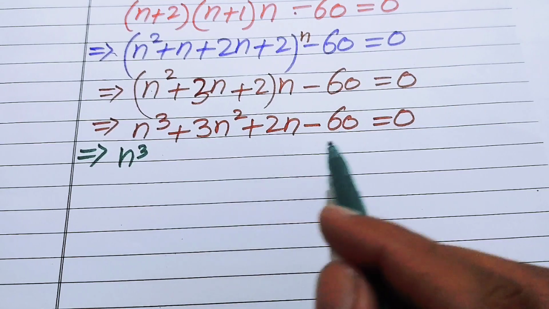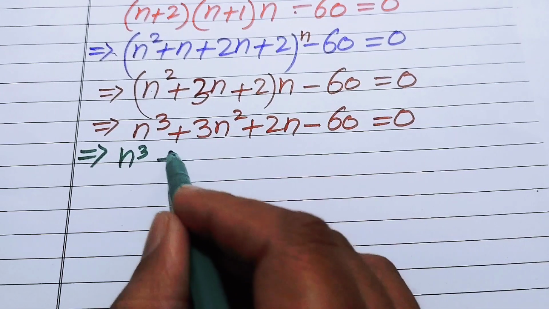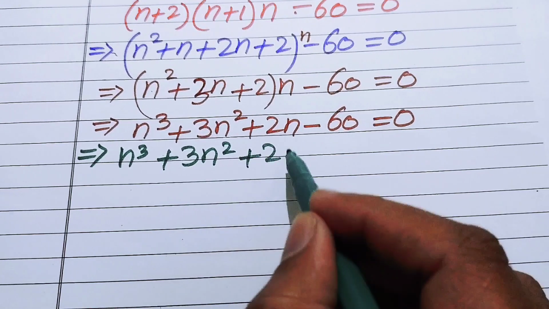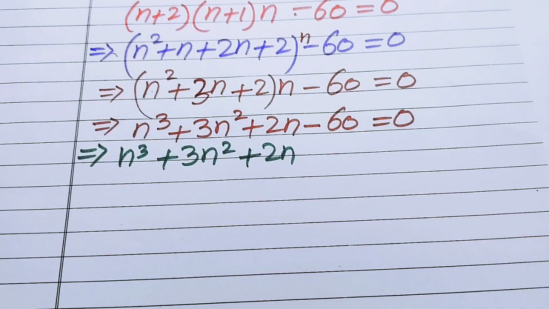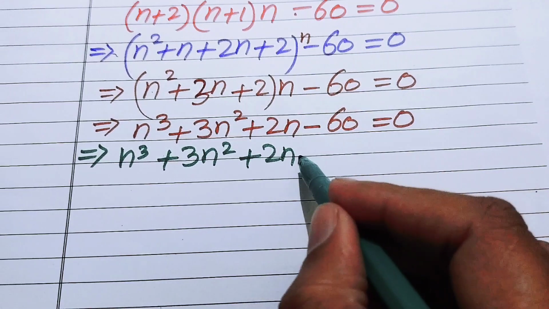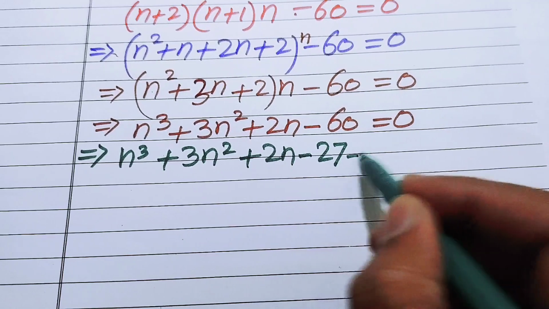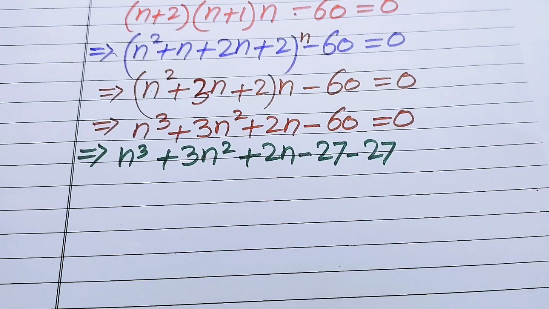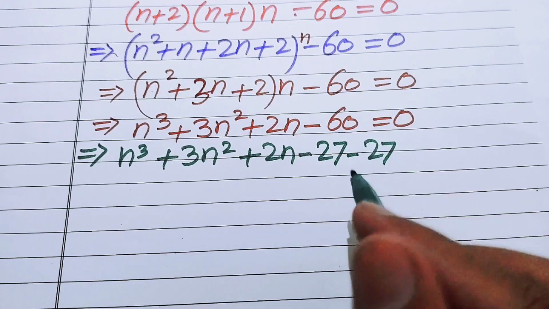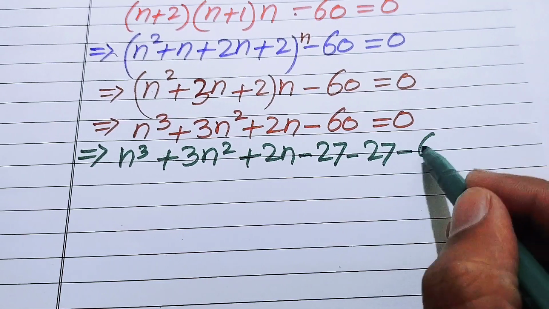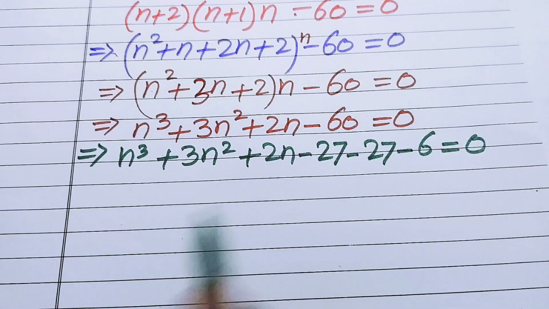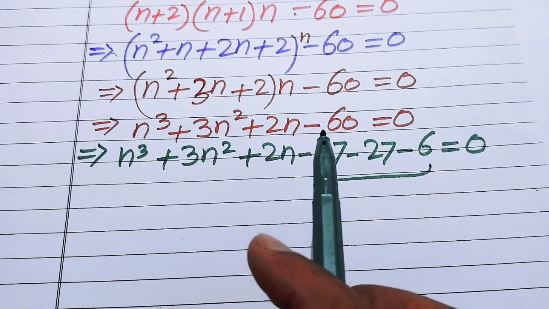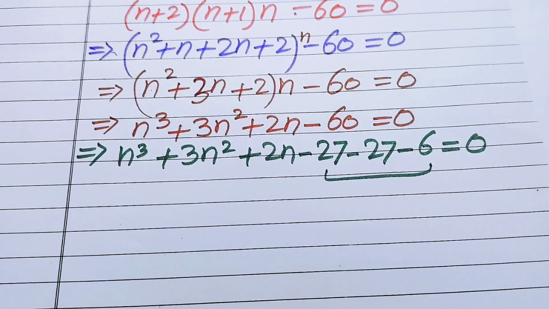First we modify this minus 60, and write it as n cubed plus 3n squared plus 2n, and we write this minus 60 as minus 27 minus 27. So minus 27 and minus 27 will be minus 54, and we write minus 6, equals 0. If you add these three terms, you will get minus 60. So we break this minus 60 into these terms.